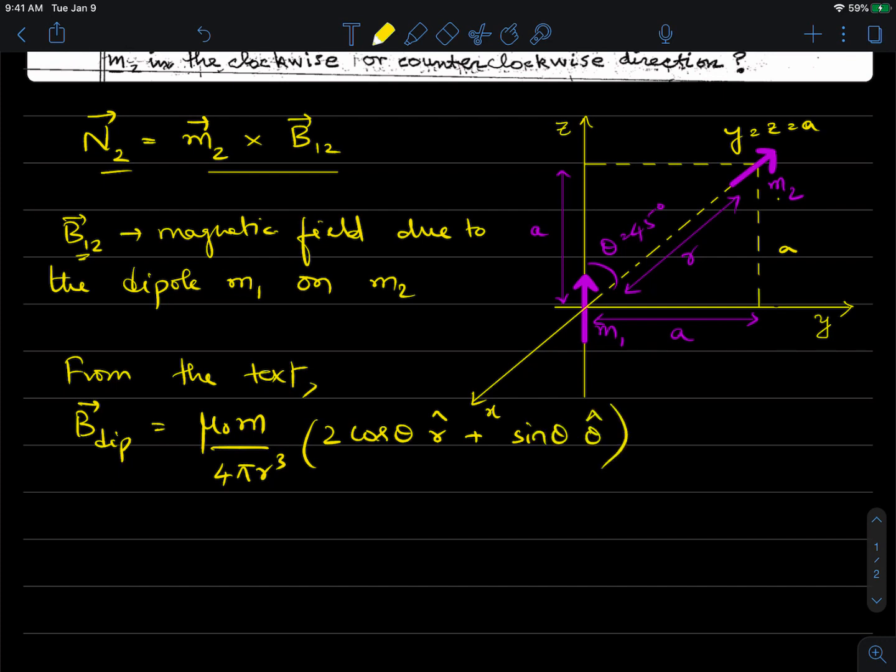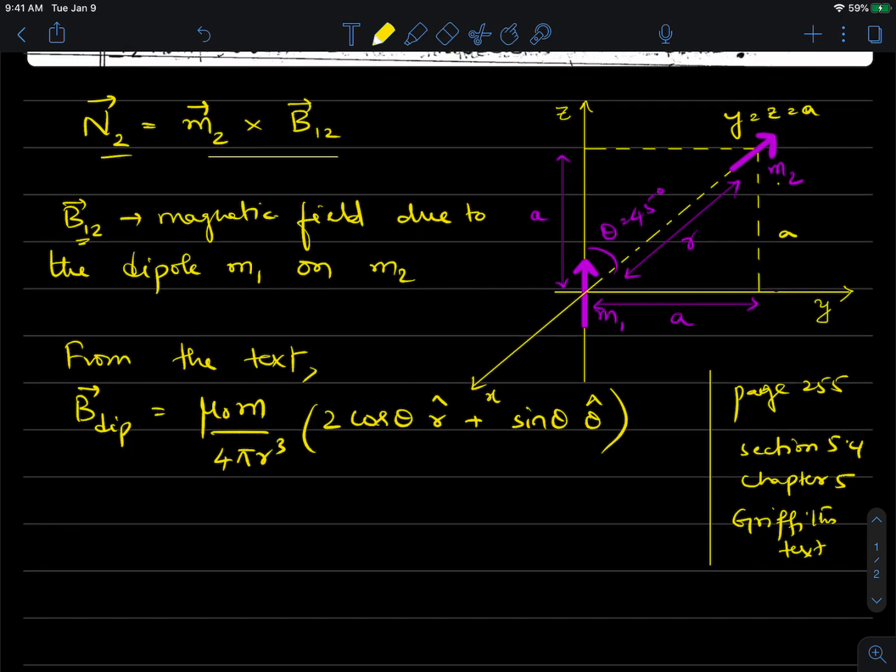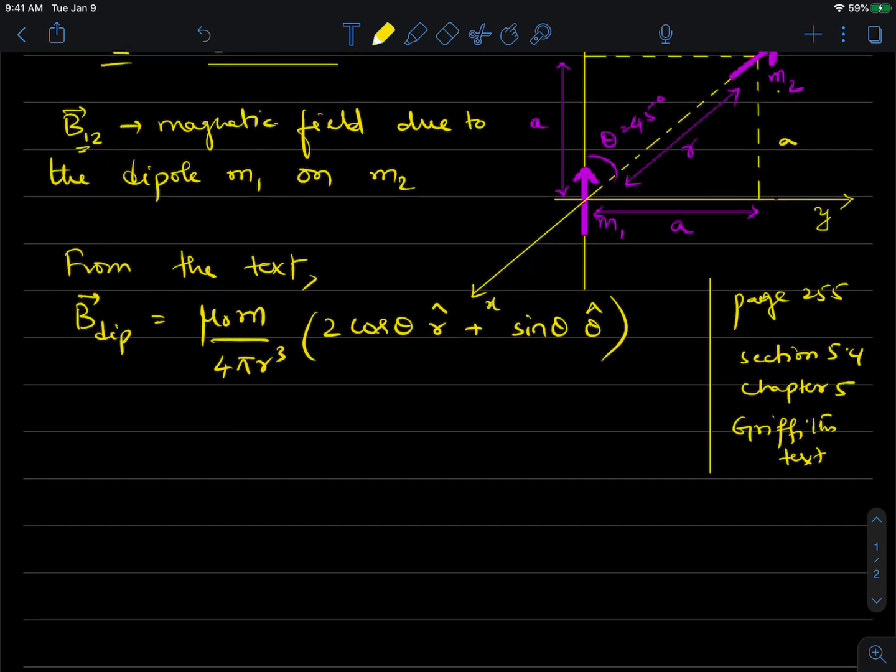This is given on page 255, section 5.4, chapter 5 of the Griffiths textbook. So please go through this formula. I'm assuming the formula is derived in class or it's been given to you as a known value.